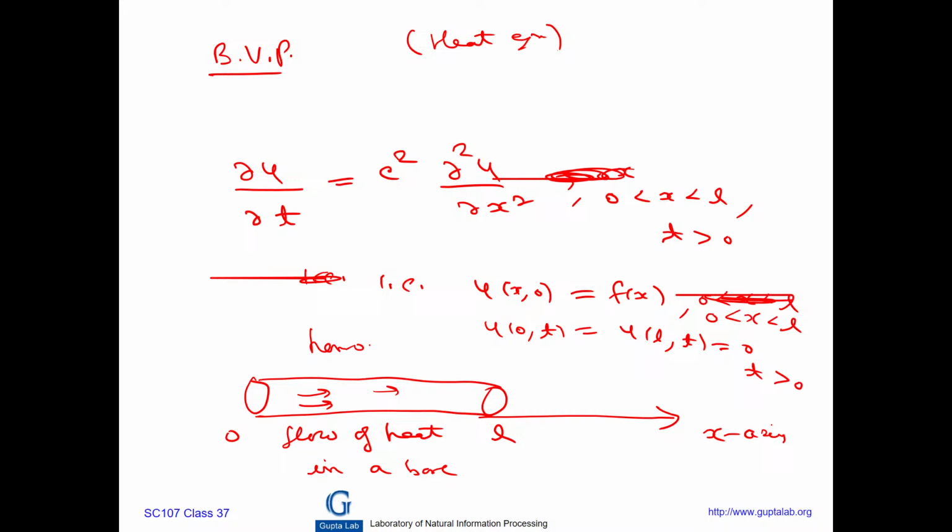So here u(x,t) is actually temperature distribution or heat flow in the bar, in the box, right? This is u(x,t), a function which denotes the flow of the temperature inside this bar.